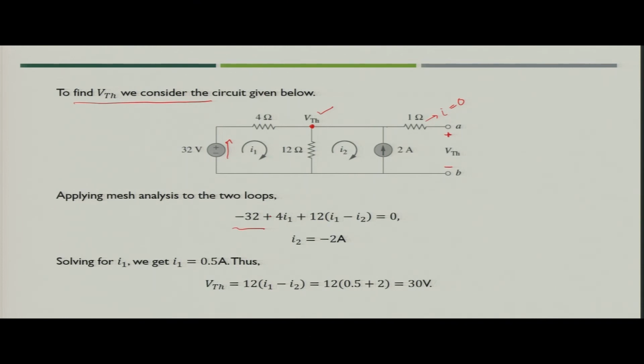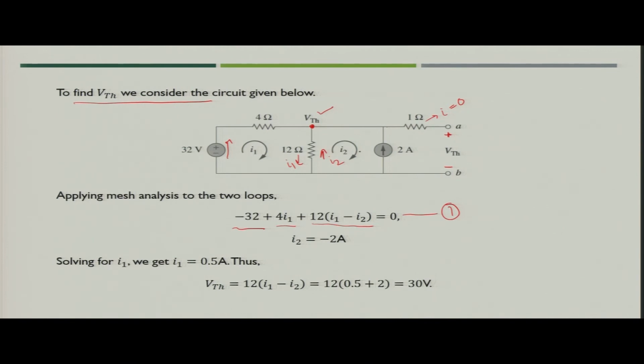This will be minus 32 plus 4 I1, then 12 into I1 minus I2, because I1 would be flowing in this direction, I2 would be flowing in this direction. So, net current would be I1 minus I2. So, this will become 12 into I1 minus I2, and that would be equal to 0. So, this is the first equation which you get from mesh 1.